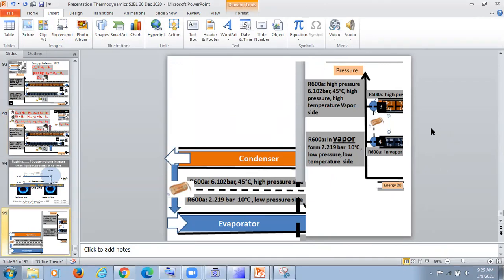Follow the cursor I'm pointing. This is the direction I'm pointing. So how do we make high temperature, high pressure into low temperature, low pressure? That's the point.